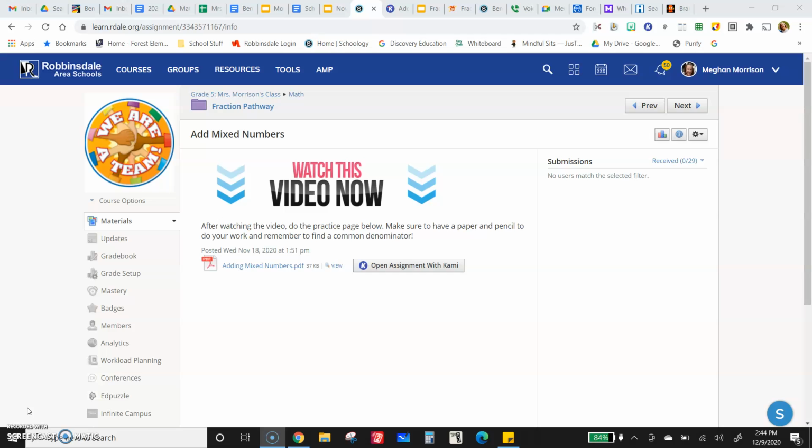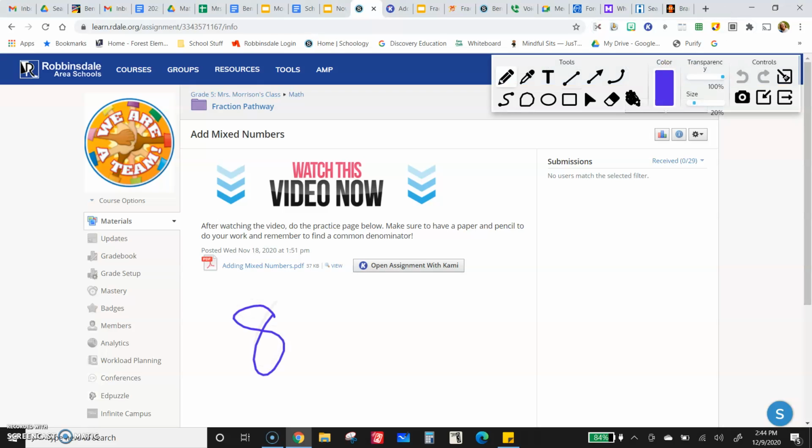This lesson is all about adding mixed numbers. So remember, mixed numbers are where I have a whole number and then a fraction part. So it tells me how many whole, how many full things I have, and then another little part.